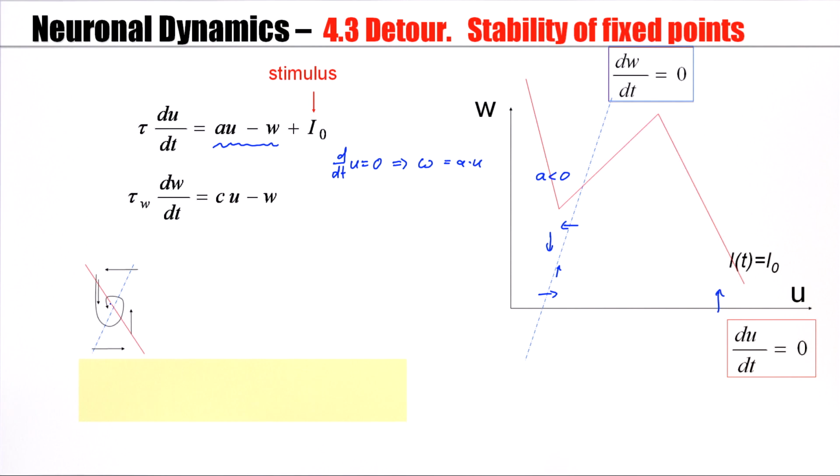Now suppose that I have a stimulus I0, which is positive. Then the null line would be shifted upwards, and it would have a new situation. Well, this is downward slope, this is left, this is right. And the old arrows are no longer valid.